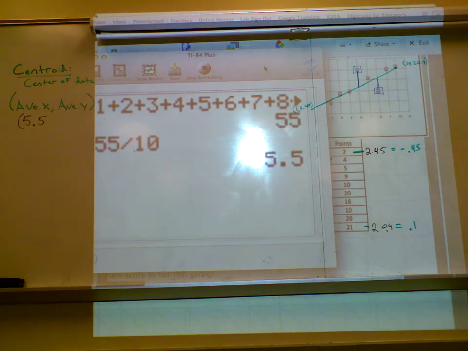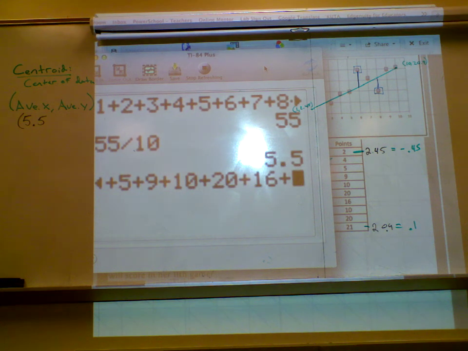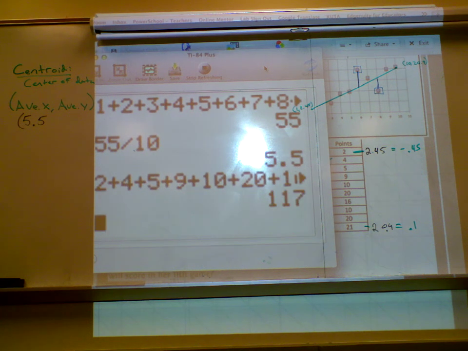Then to find our average y, we add up all of our points. 2 plus 4 plus 5 plus 9 plus 10 plus 20 plus 16. Thank you, Faith. And we get 117. Now how many games did she play? 10.